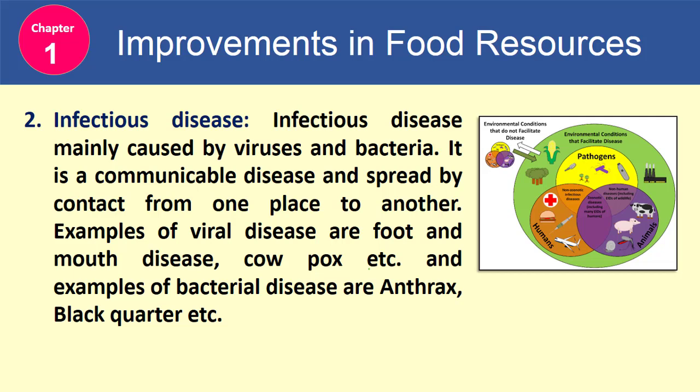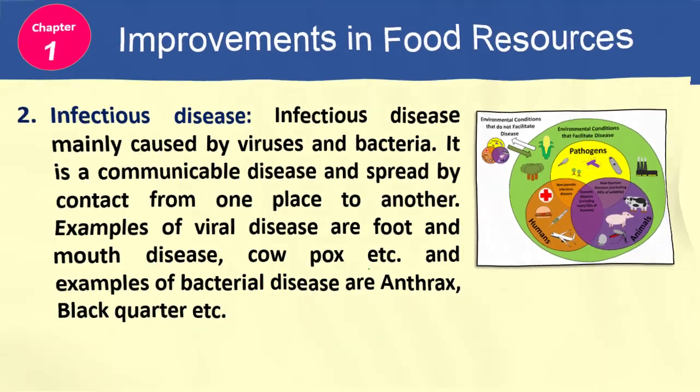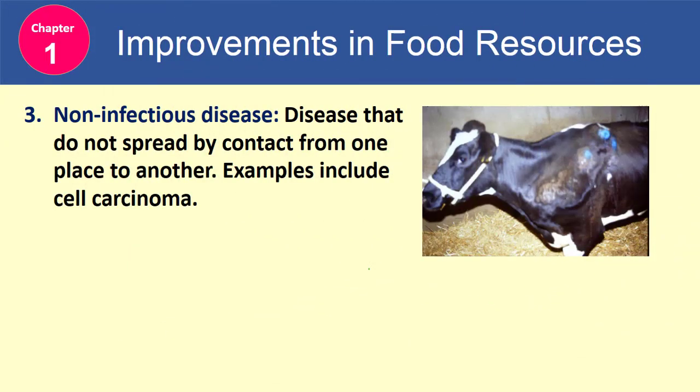Examples of viral disease are foot and mouth disease, cowpox, etc. And examples of bacterial disease are anthrax, blackwater, etc. Third is non-infectious disease. The disease that does not spread by contact from one cattle to another is said to be non-infectious disease. Examples include cell carcinoma.